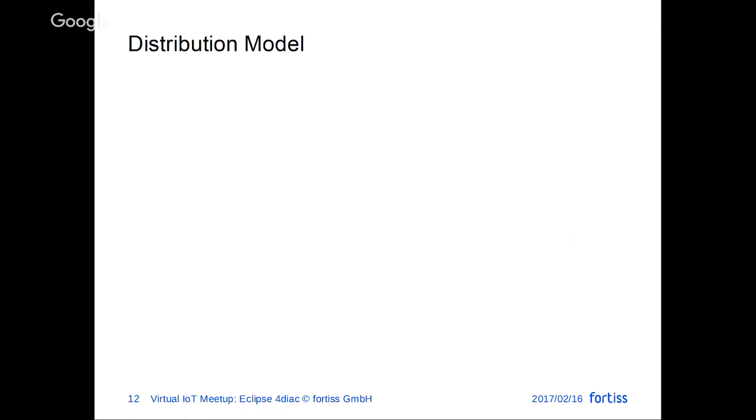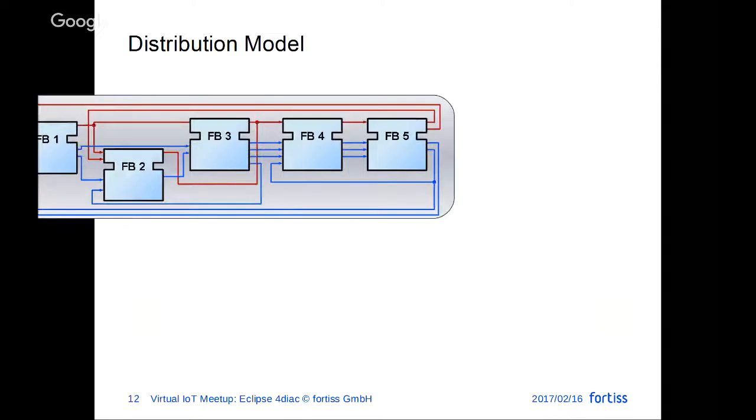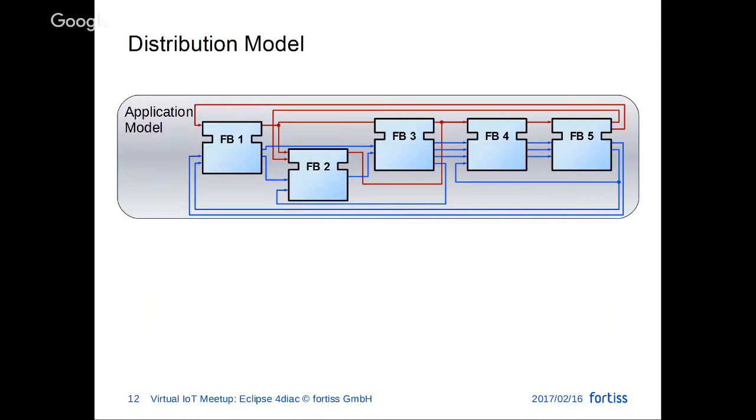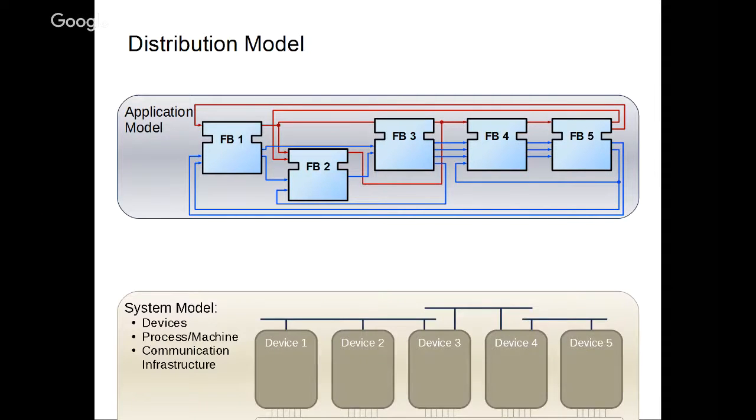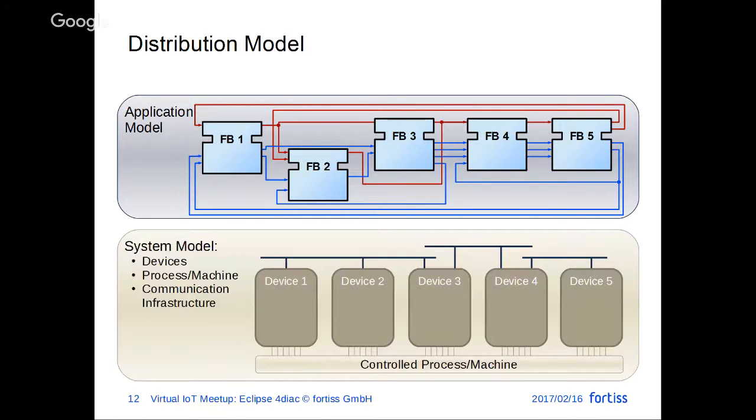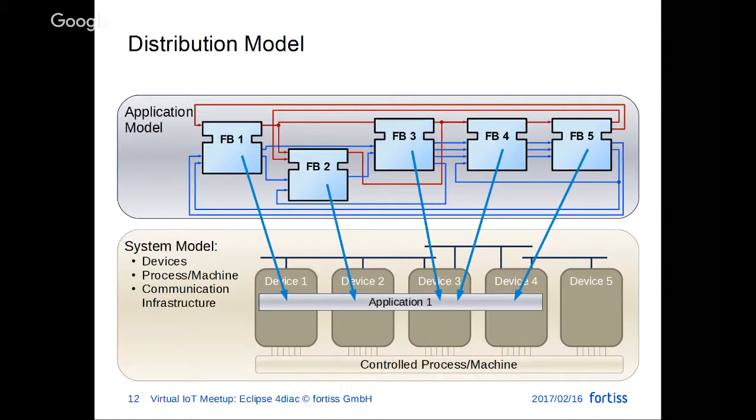And what we then need to do is bring together both models. The first model is the application model that we had. We had a second model, the system model. And by mapping, which is the process of distributing your application to the devices, we can now assign where the function blocks of your application will reside during execution.